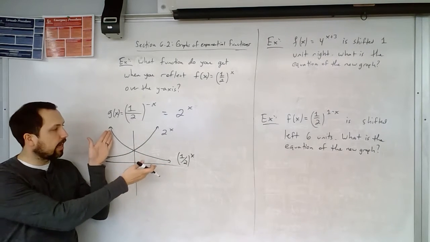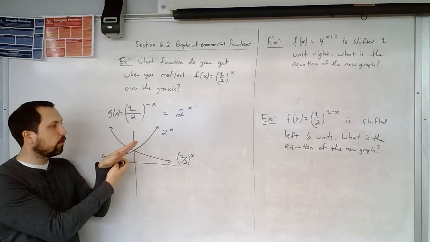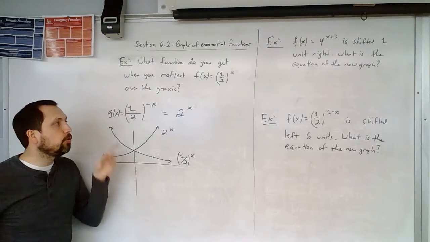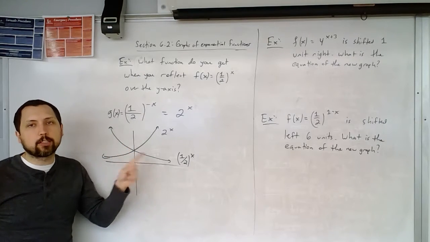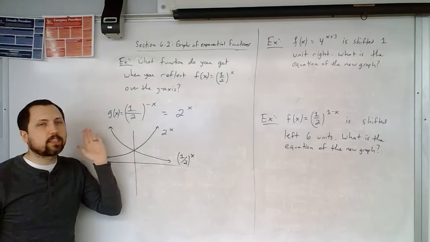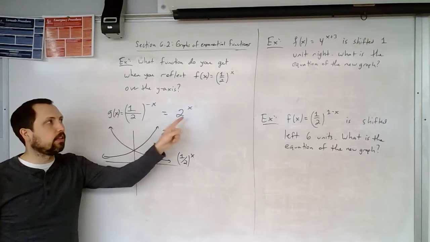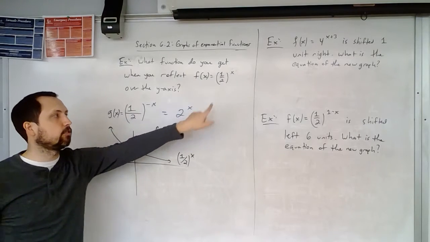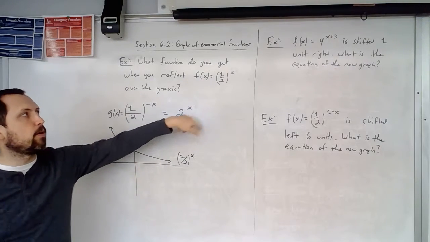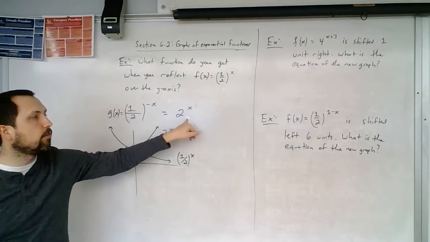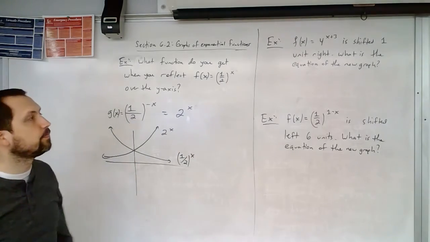You take 1/2 to the x here, you reflect this over the y-axis, you get 2 to the x. So you have this really nice property of exponential functions. When you reflect them over the y-axis, you basically have this reciprocal property of, say, 1/2 to the x is related to 2 to the x. The same way that 1/3 to the x would be related to 3 to the x.